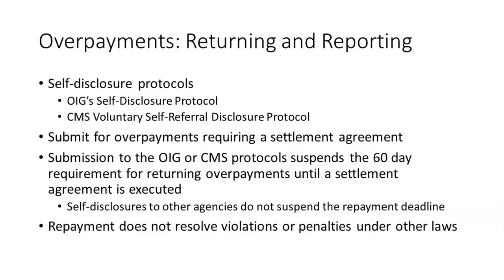That is not always going to be, though, the way that you want or need to go. The other alternative is to go to the Office of the Inspector General or to CMS. CMS has been pretty good, actually, in Stark disclosures. They're good to work with.